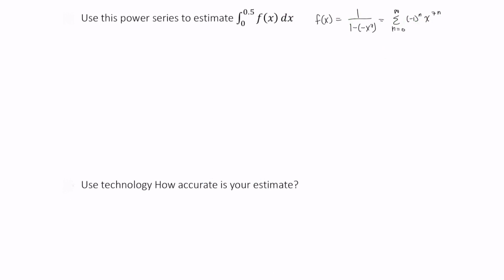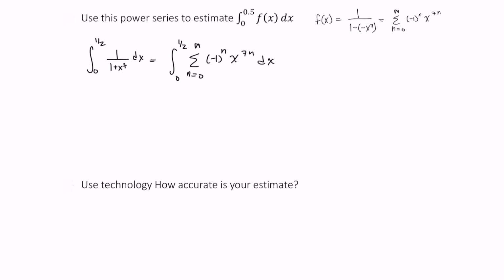Now let's go ahead and use this infinite series to estimate the value of this definite integral. So what we would like is the integral from 0 to 1/2 of f of x, and that's 1 over 1 plus x to the 7th. So this is the integral from 0 to 1/2 of the sum from 0 to infinity of negative 1 to the n times x to the 7n dx.